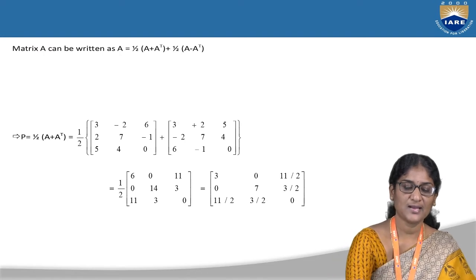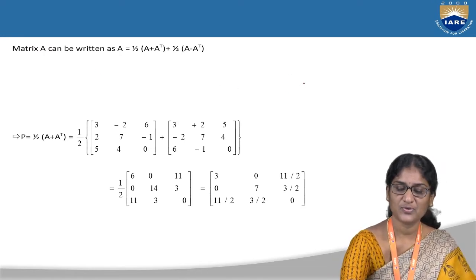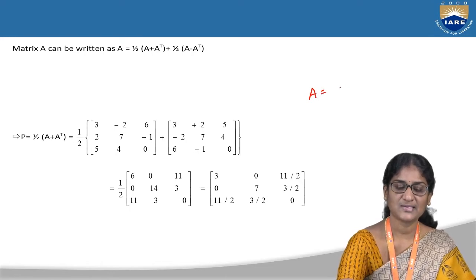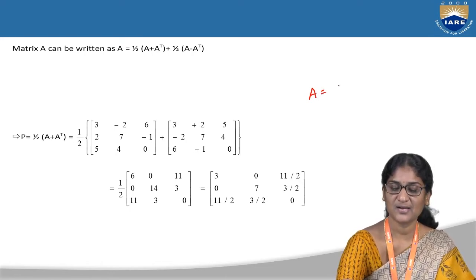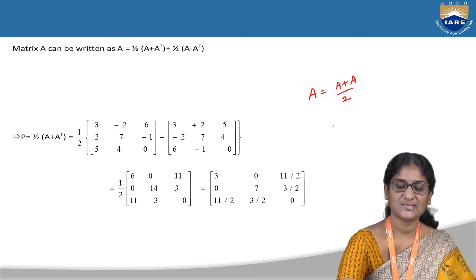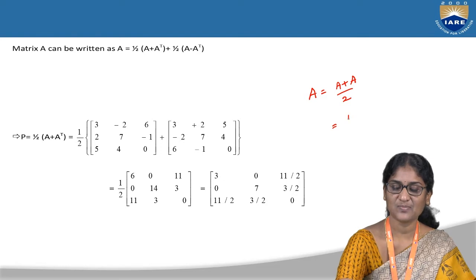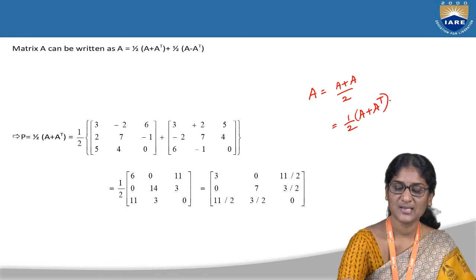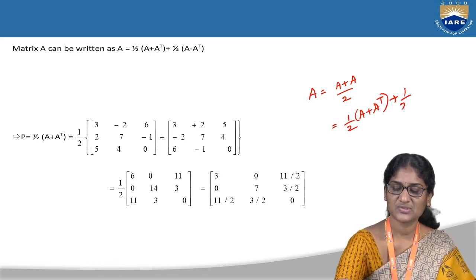You all know that suppose A is a given matrix. It can be written as A equals half of A plus A transpose, plus half of A minus A transpose.